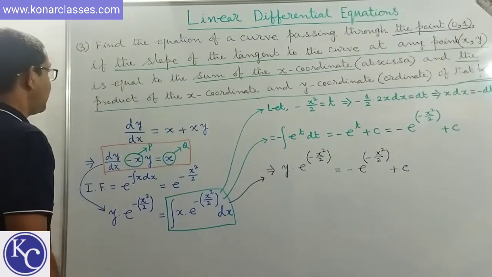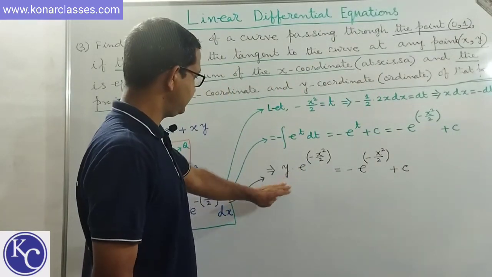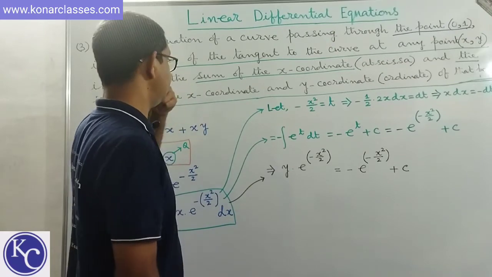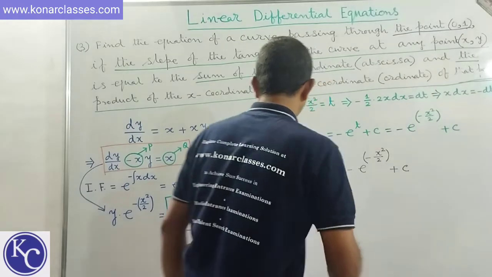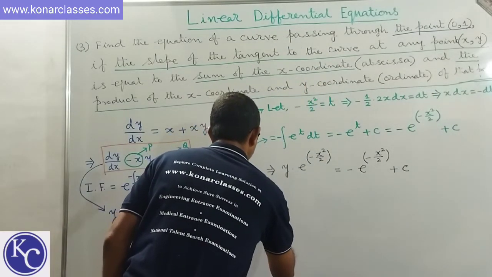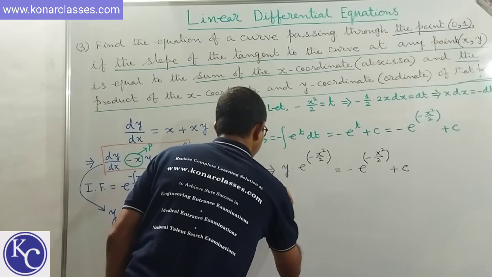Correct? Now, this general solution or family of curves, that is the solution to the given differential equation, is passing through the point 0, 1. That means at x equal to 0, y is equal to 1. So we should apply this value here.